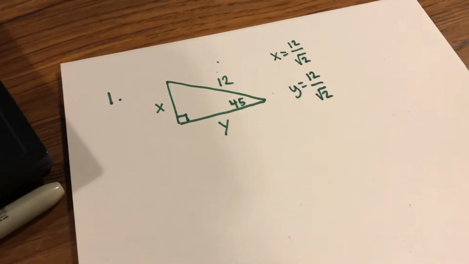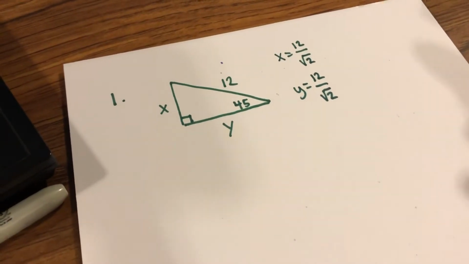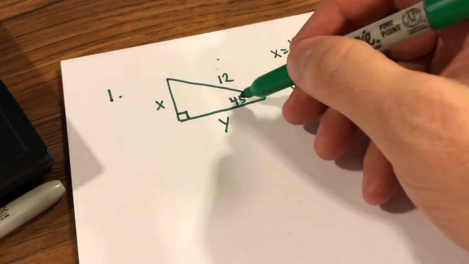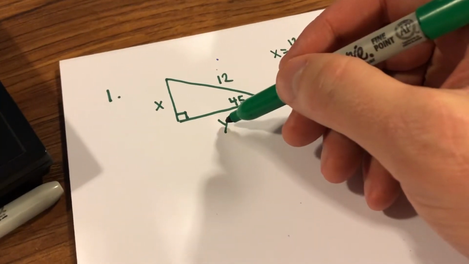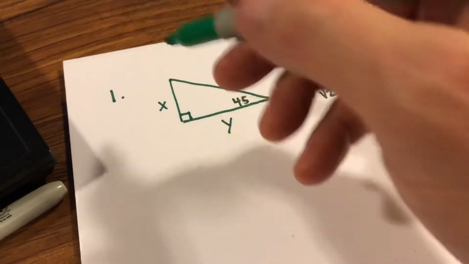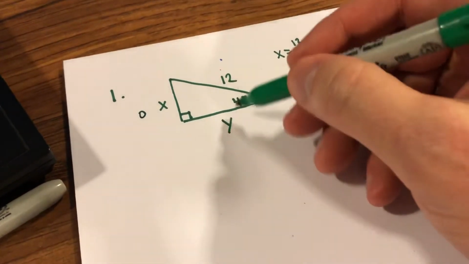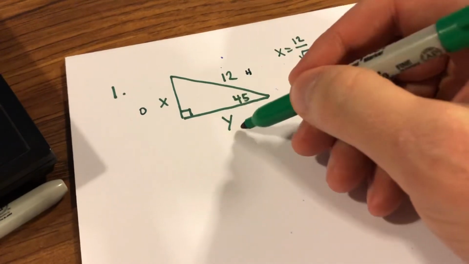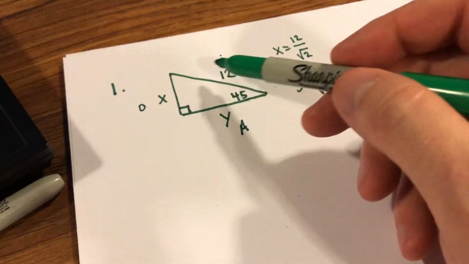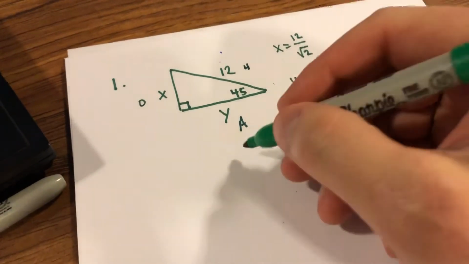If you decide that you're going to do this by trigonometry, then with relation to the 45, this is the adjacent side, and this is the hypotenuse. This is the opposite side, and this is still the hypotenuse and adjacent. So if I'm finding x, opposite and hypotenuse would tell me to use sine.